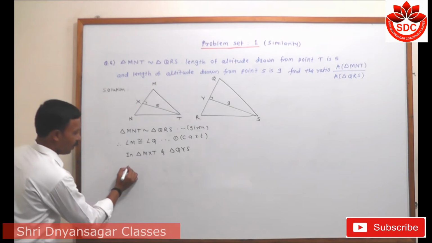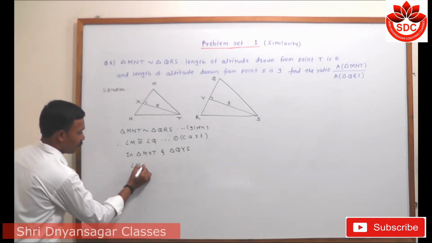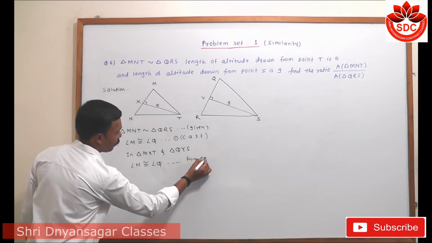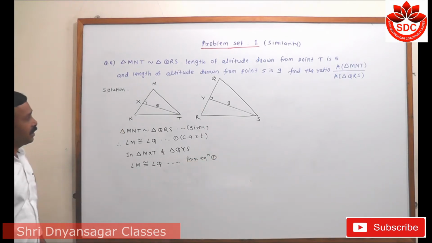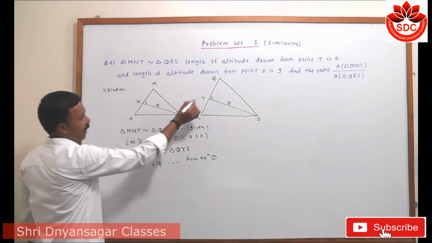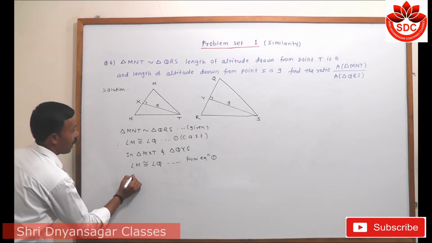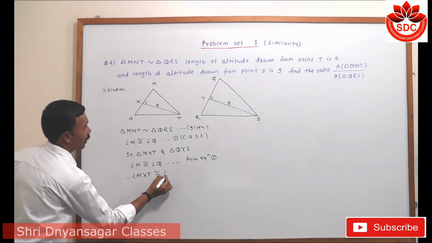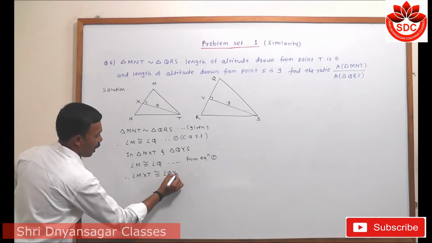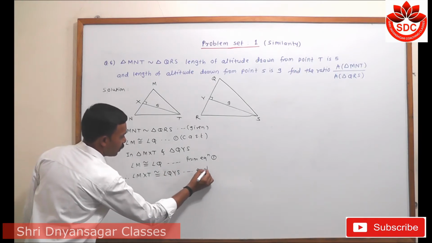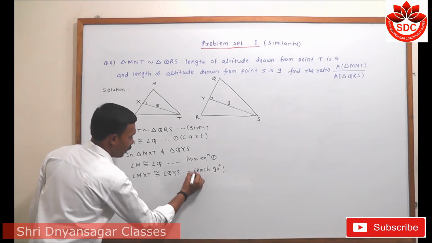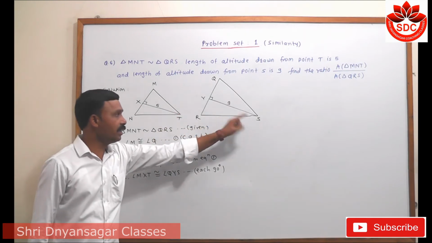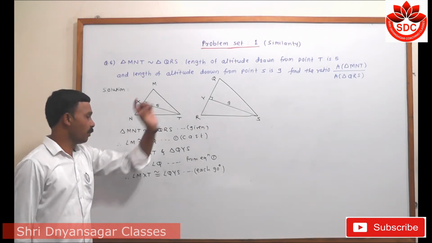Now in these two triangles, angle M is congruent with angle Q, the reason being from equation 1. Angle X and angle Y are congruent because each has 90-degree measure, since they are altitudes drawn from the vertices T and S, so they are perpendicular.